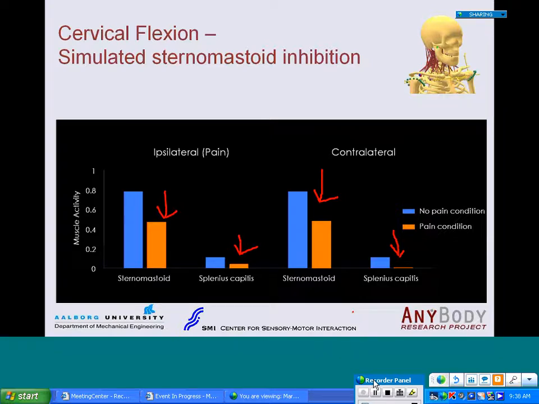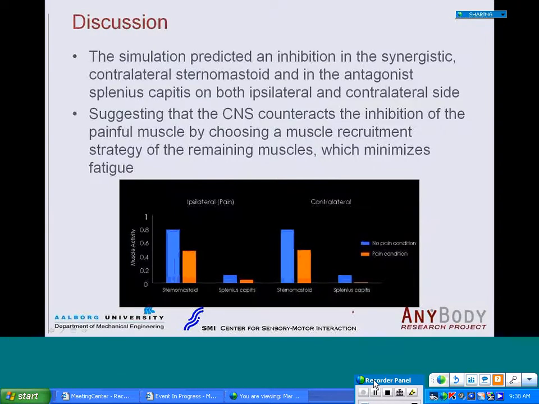So it seems that the simulation predicted an inhibition in the synergistic contralateral sternomastoid, and also in the antagonist splenius capitis on both ipsilateral and the contralateral side, which we also saw in the experiments.